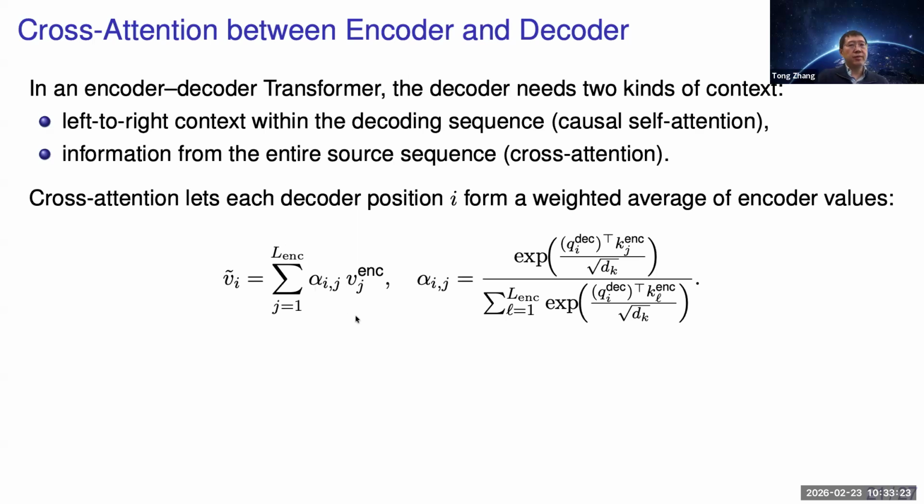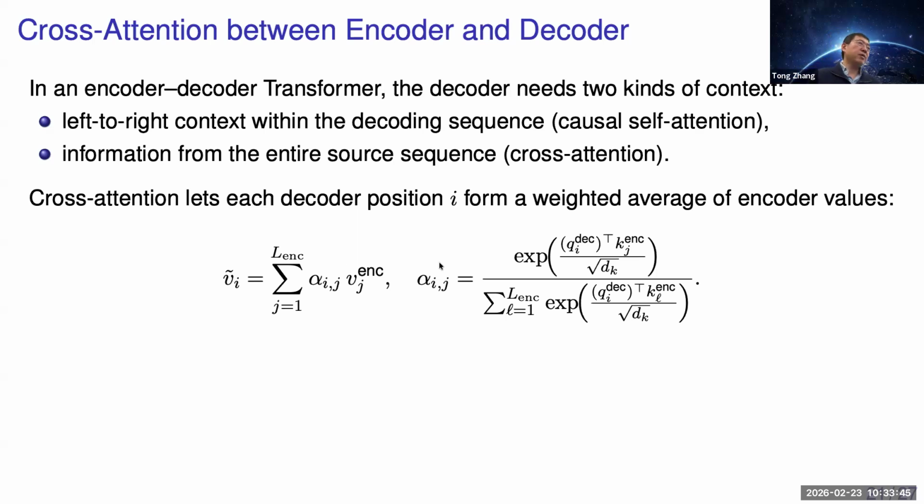It's an encoder-decoder structure. You have cross attention, and instead of doing self-attention in the decoder, if encoder equals decoder, it's self. Otherwise, it's cross, which is very similar.